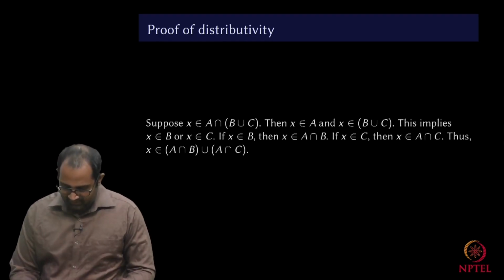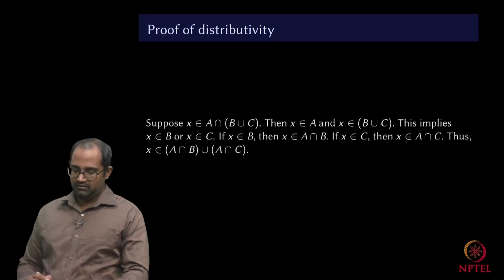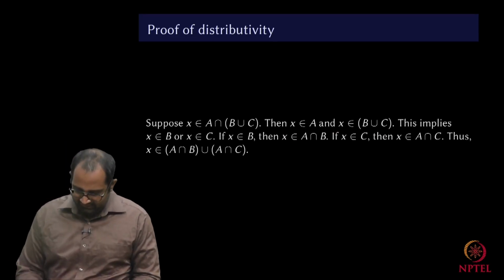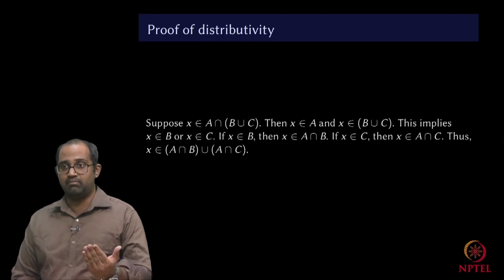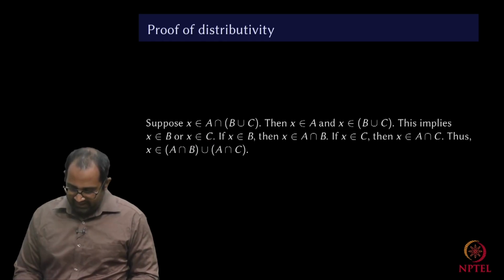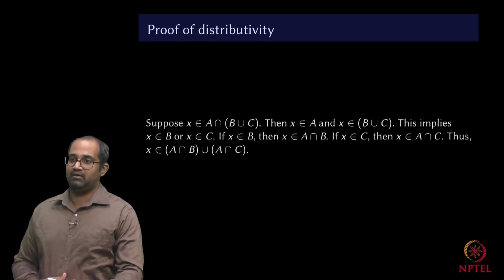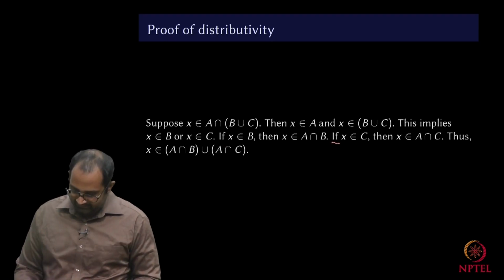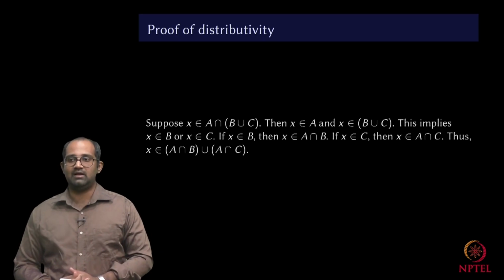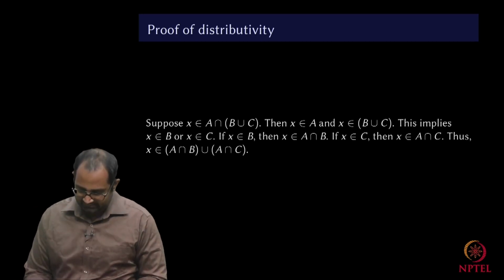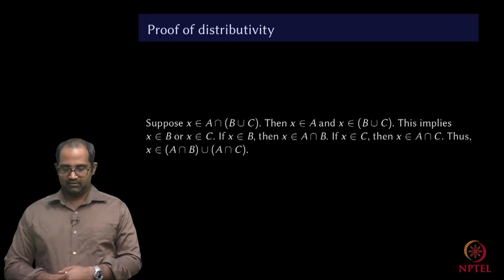Then by definition x is in A and x is also in B union C. This implies that x must either be in B or in C, it could possibly be in both also. Now, if x is in B, then x is in A intersection B. Well, if x is in C, then x is in A intersection C. In either case, x is there in (A intersection B) union (A intersection C).